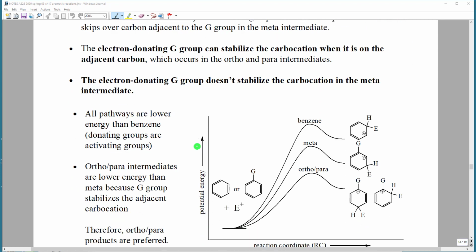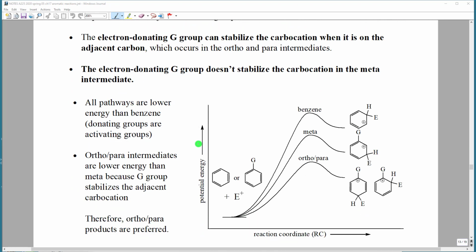So if we look then, right here, this is what the reaction coordinates would look like. So we're going to compare to benzene. We're going to see that really we probably expect both the meta, the ortho, and the para to all be lower energy than benzene because donating groups are activating groups.